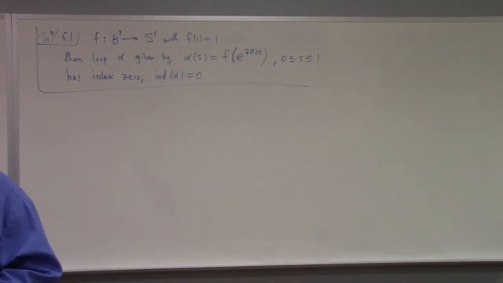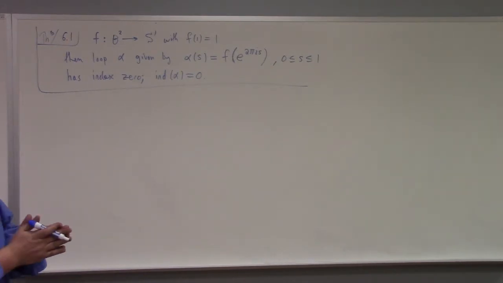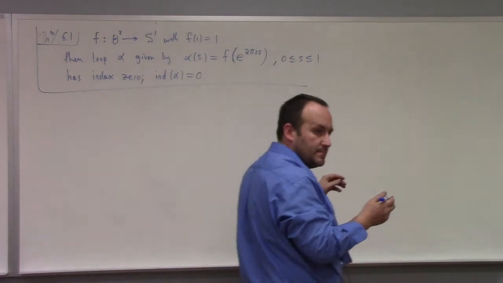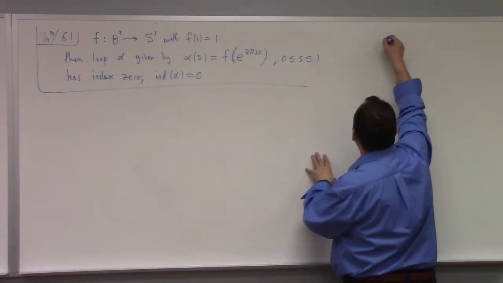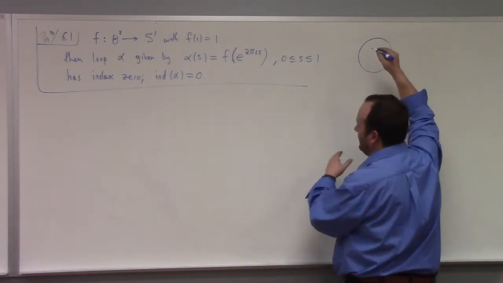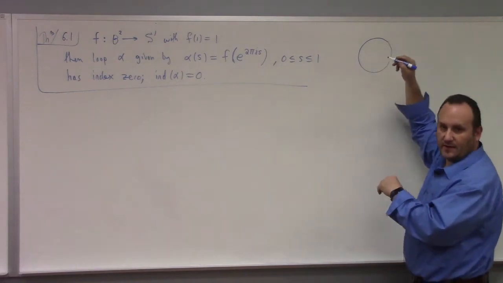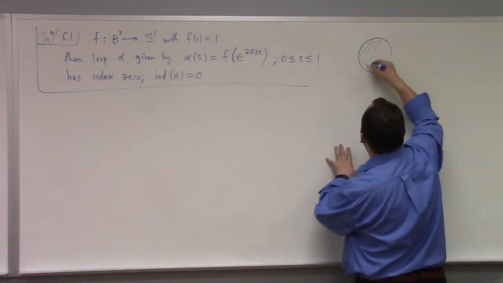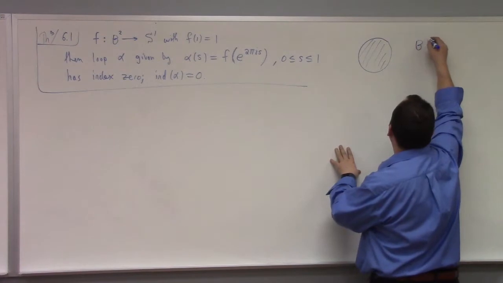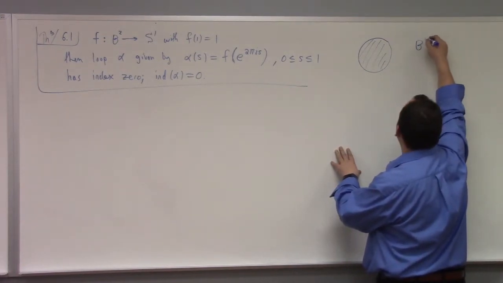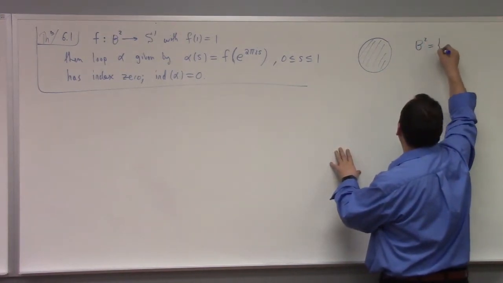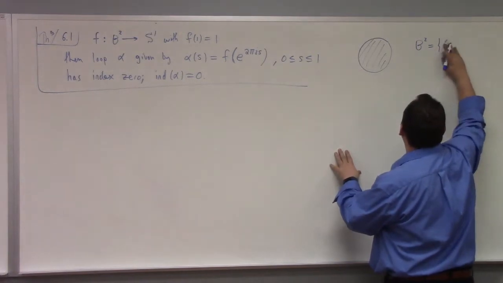What is B2? Yeah, I think it's the disk in Gamelin. So B2 is what you might call D2 in some other books. Let's use complex notation.